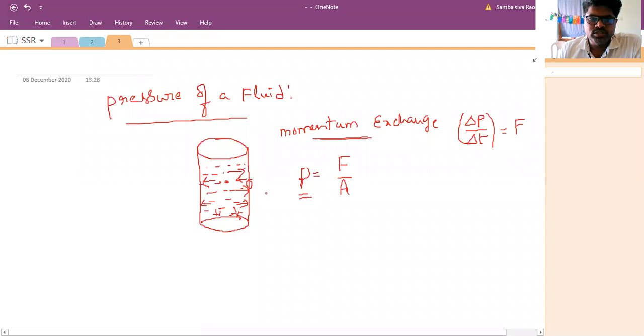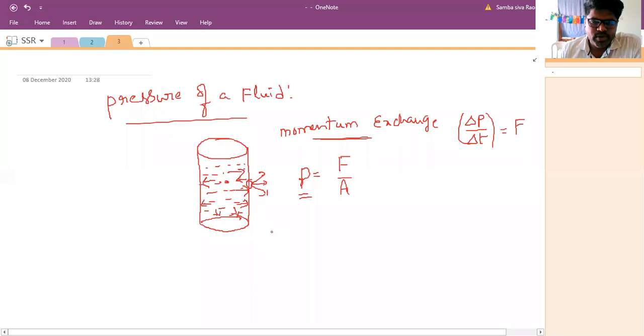Immediately it will come outside with high pressure. So from that you can understand there is a pressure exerted by the fluid onto the container.